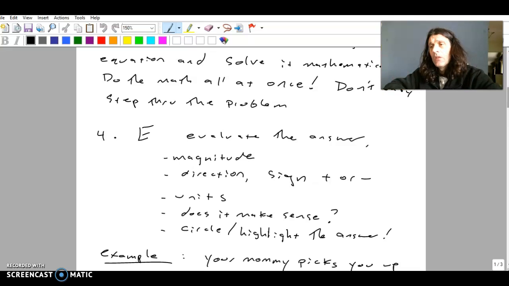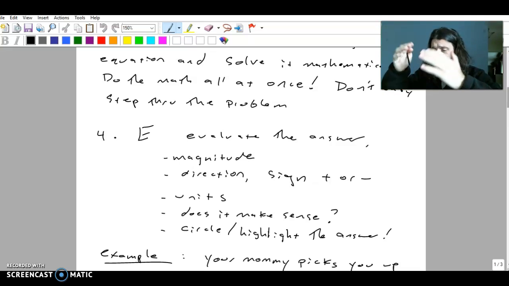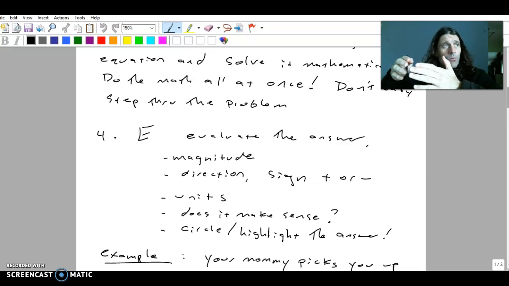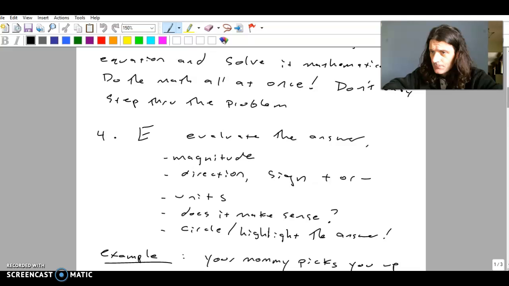Magnitude. Direction, what is the direction associated with it? Where are we going? Are we falling up? Are we falling down? Are we going left, right? Does that mean we have to have a positive or negative sign? Units. Make sure you put letters next to numbers whenever you have an answer. You give me an answer, a number, that's great.